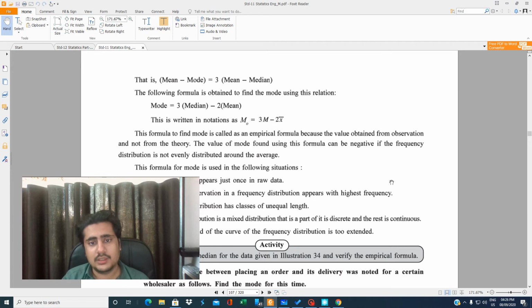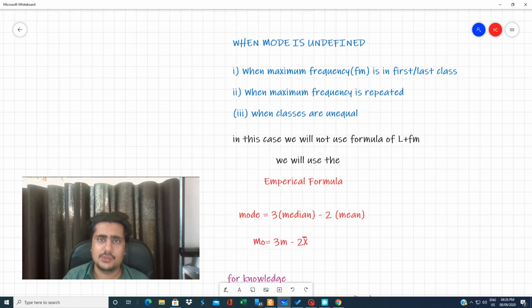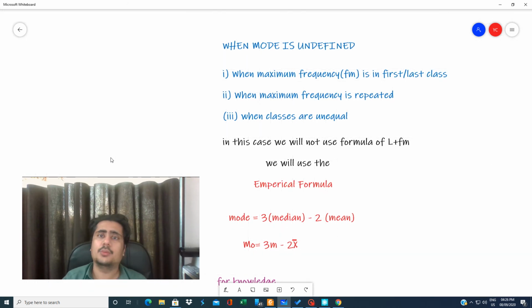Now, in what circumstance should this formula be used? We have discussed some circumstances. This formula should be used when maximum frequency is in first or last class. If FM is in first or last class, then you don't have to solve with that L plus FM formula.